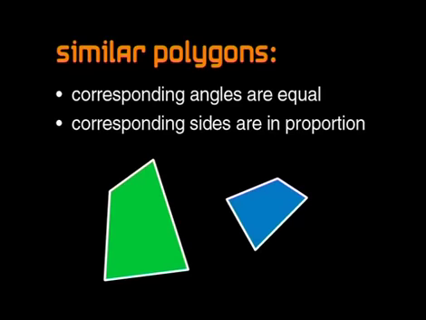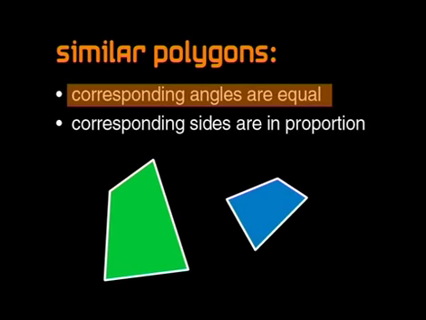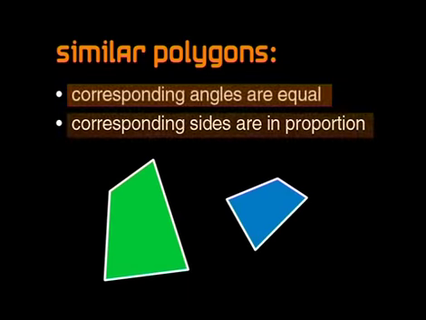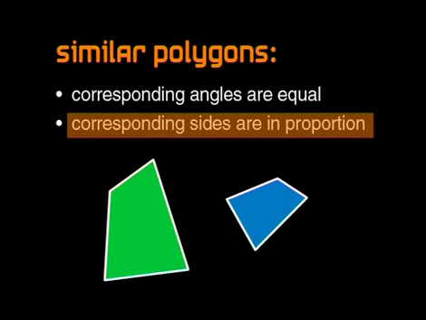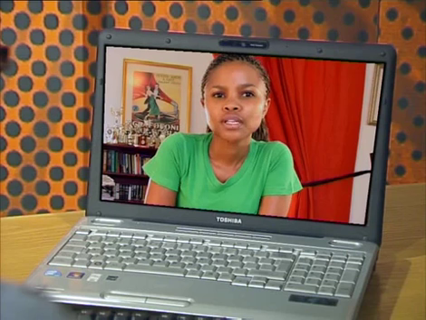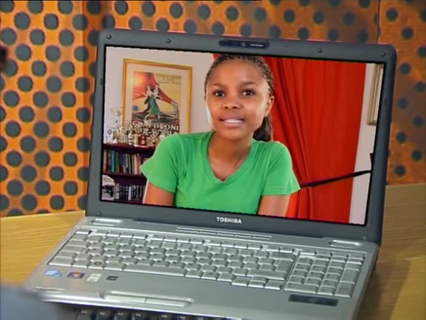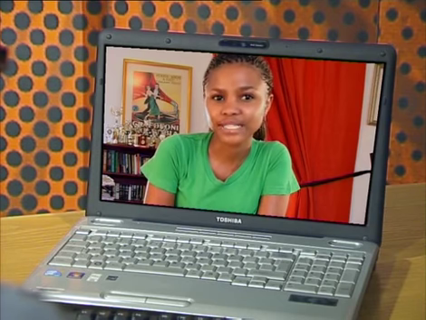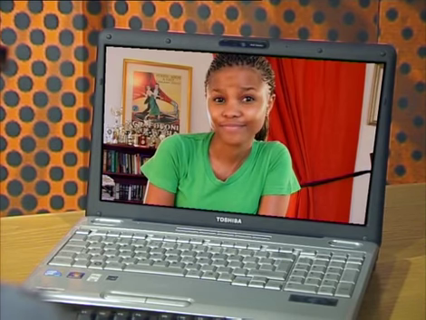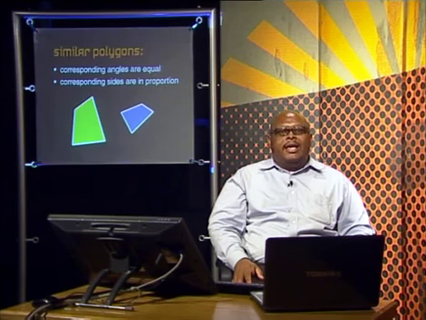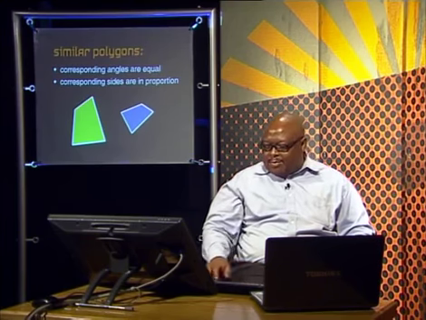To put this more accurately, two shapes are similar if their corresponding angles are equal or congruent, and their corresponding sides are in proportion, but not necessarily equal to each other. Let me see if I've got this. The difference between congruency and similarity is that congruent shapes are identical in shape and size. Similar shapes have the same shape but differ in size. That's correct. Here, let me illustrate this with an example.